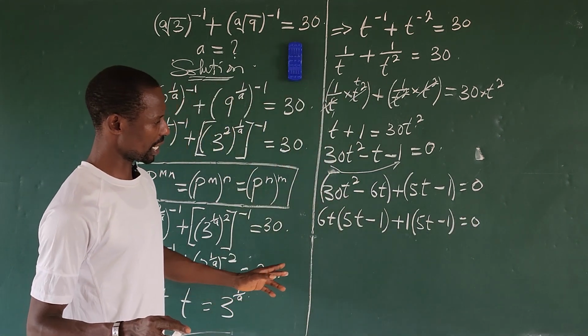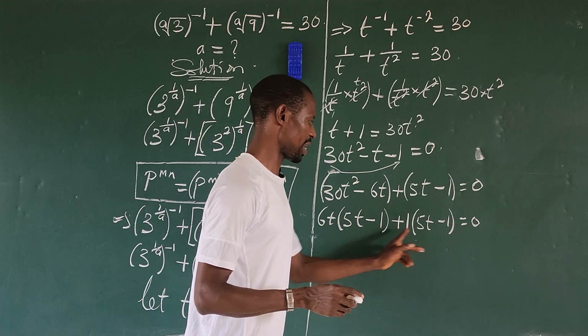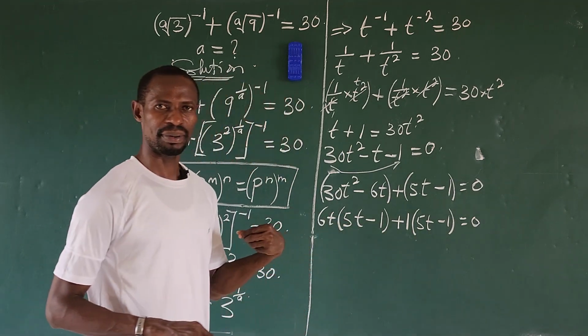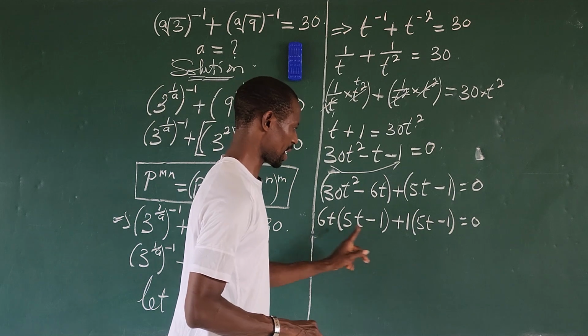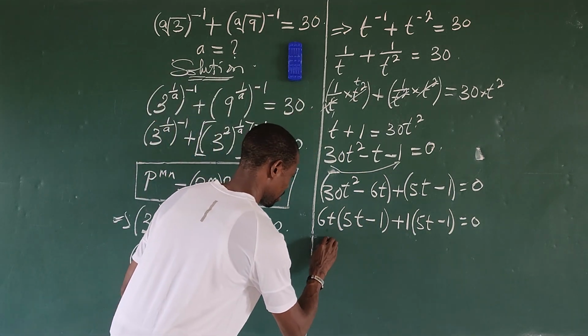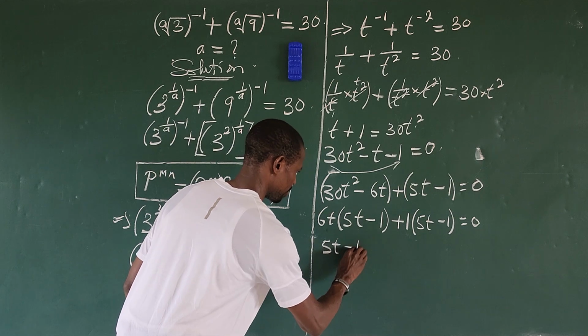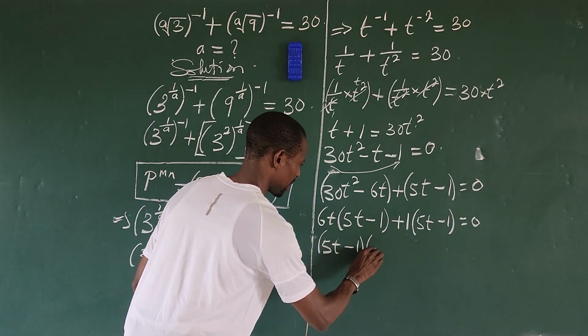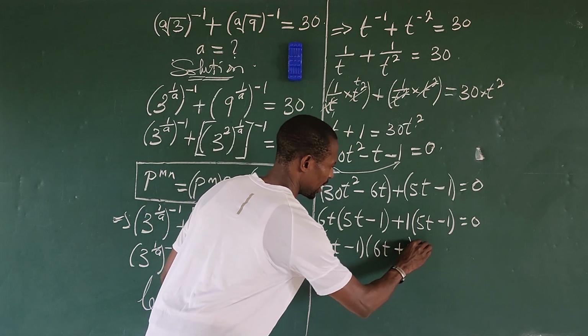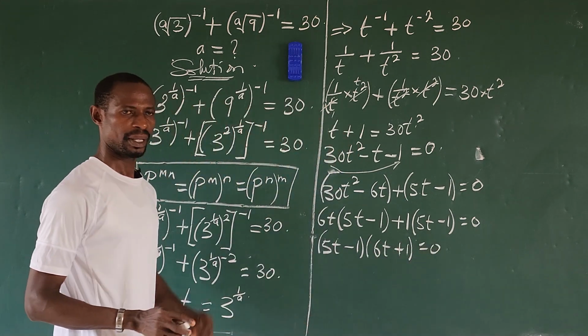So let's take a look at the terms inside the brackets. They are the same. So we take one of the terms inside the bracket, then we take this that is outside and this that is outside. If we do that, it's going to give us 5t minus 1 bracket, 6t plus 1, everything equal to 0.